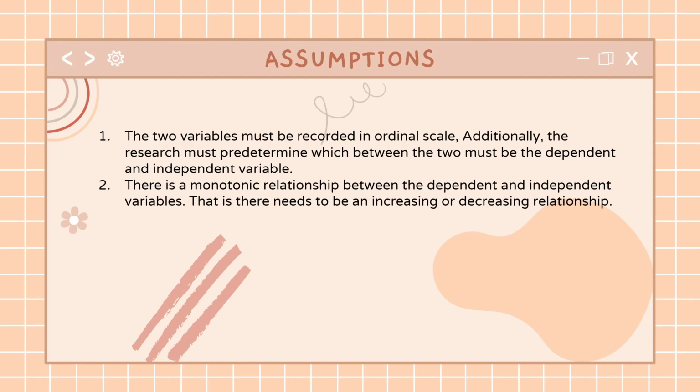Important to kasi sa may Sommer's D ay yung ating interpretations as well as yung calculations is nakadependent kung sino yung dependent at sino yung independent variable natin. So make sure na ma-set natin yun kung sino talaga yung dependent at saka independent variable when we are in Sommer's D. And third, there is a monotonic relationship between the dependent variable and independent variable. That is, there needs to be an increasing or decreasing relationship.